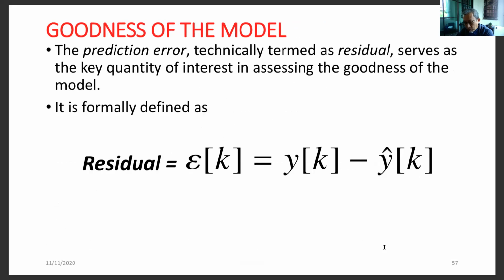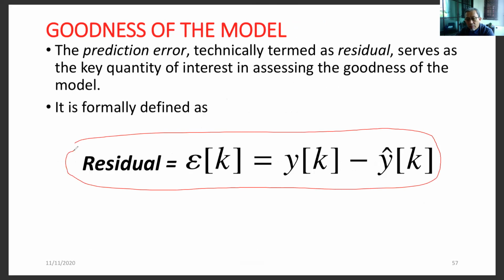So the important thing is the prediction error, which is technically known as the residuals. The residual is represented by this formula, epsilon k equals y k minus y cap.